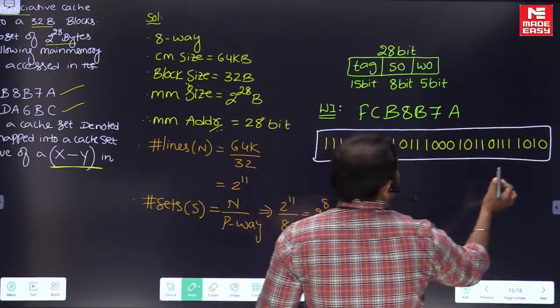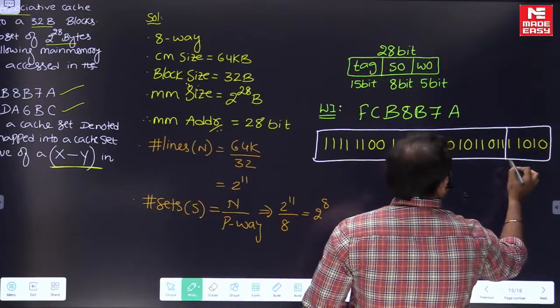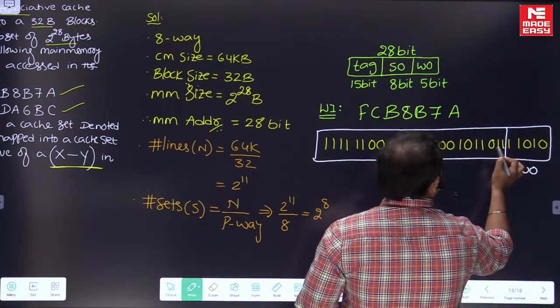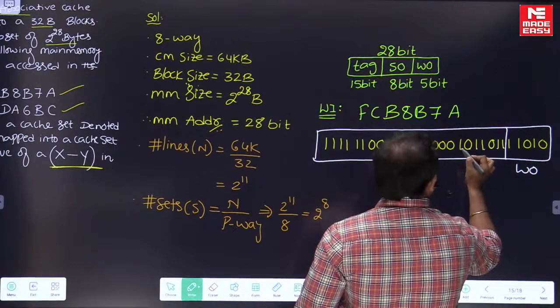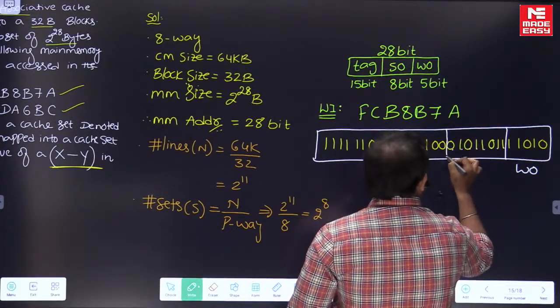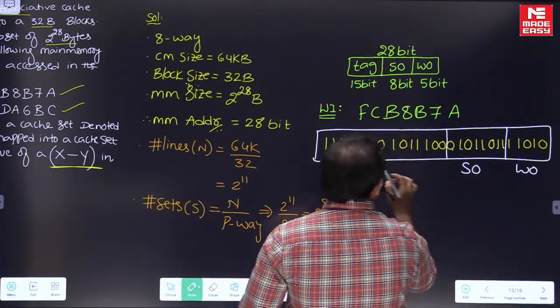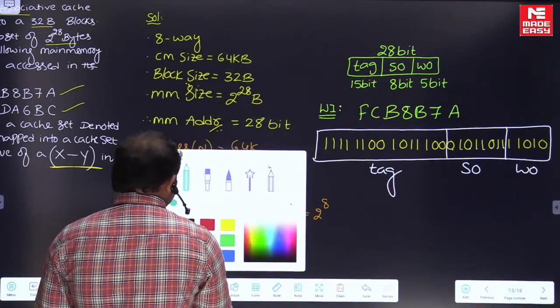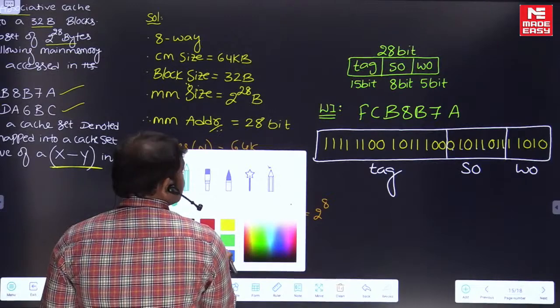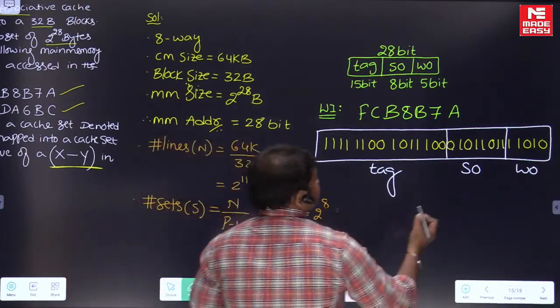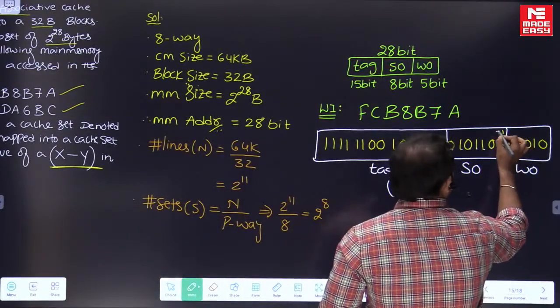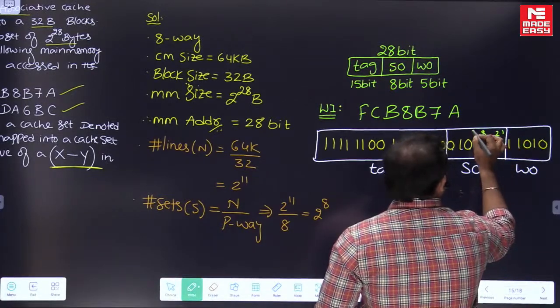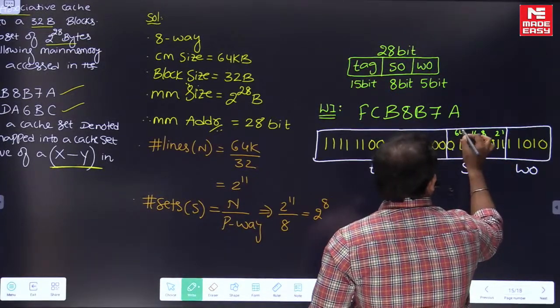So 5 bits are used for word offset. Then 1, 2, 3, 4, 5, 6, 7, 8. 8 bits are used for set offset. Remaining bits are tag. Now identify the set number where it is mapped. Set number please. This is 1, 2, 4, 8, 16, 32, 64.